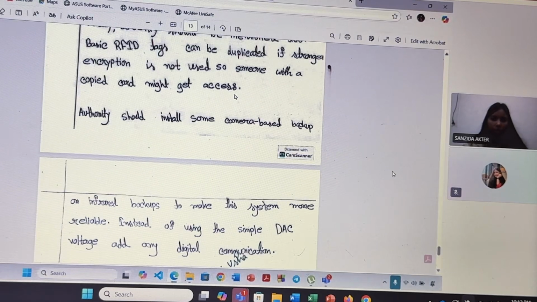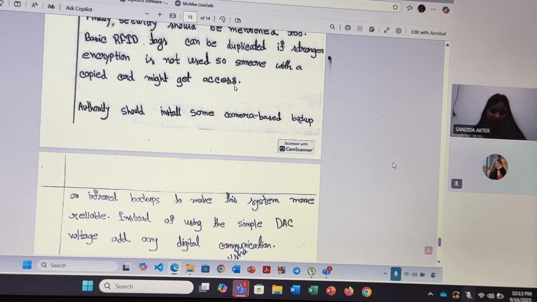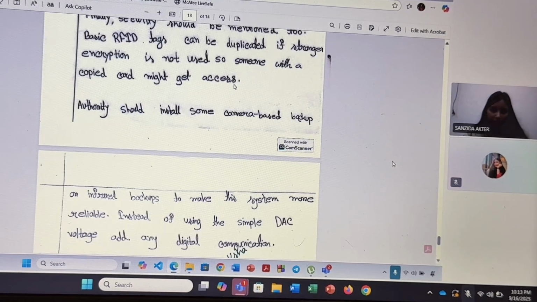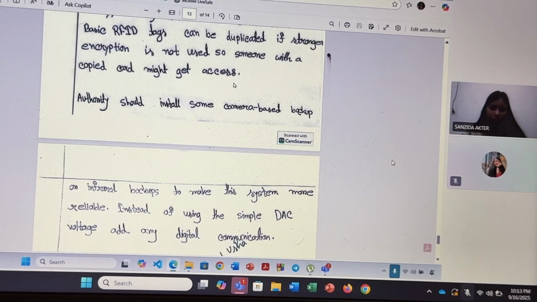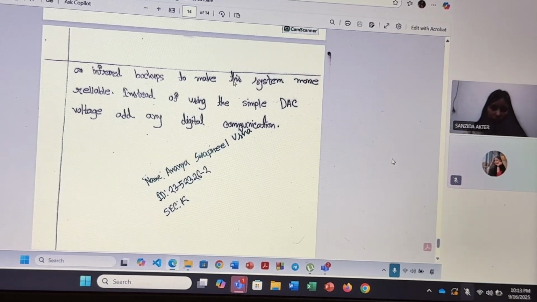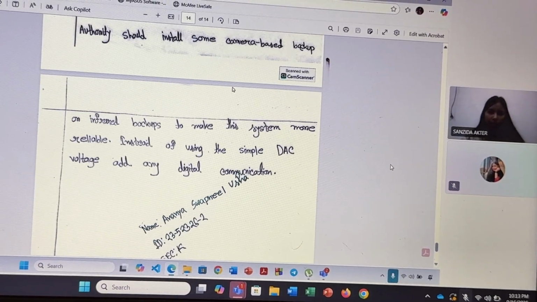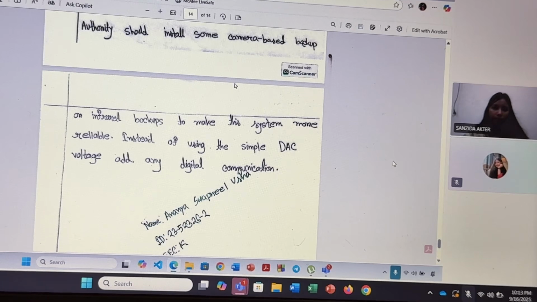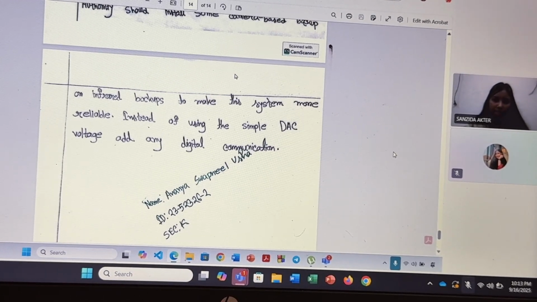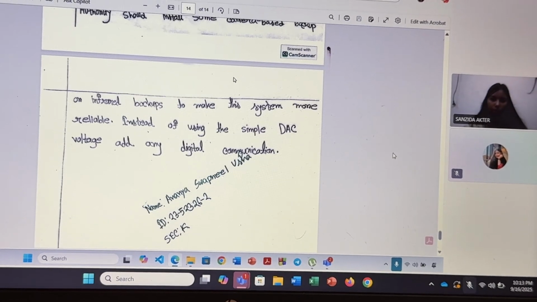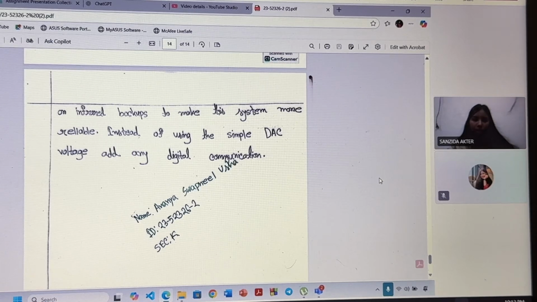Finally, future improvements could include redundant sensors, encrypted RFID cards, a digital communication link, and an emergency override system. Authority should install some camera-based or infrared backups to make this system more reliable, instead of using the simple DAC voltage without any digital communication.